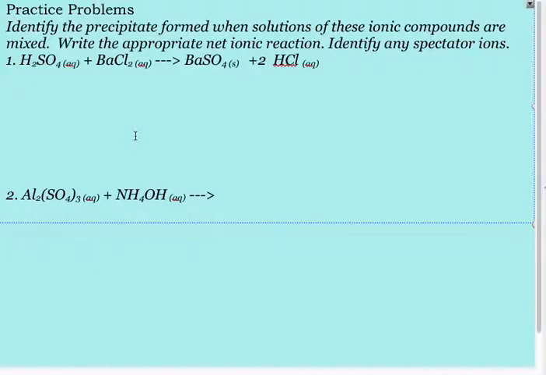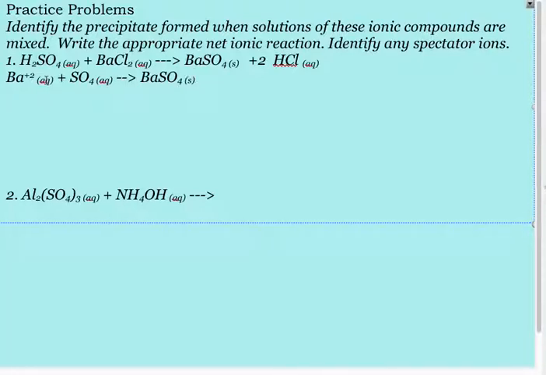What you should end up with as your net ionic is a barium ion plus a sulfate ion making BaSO4 as a solid.